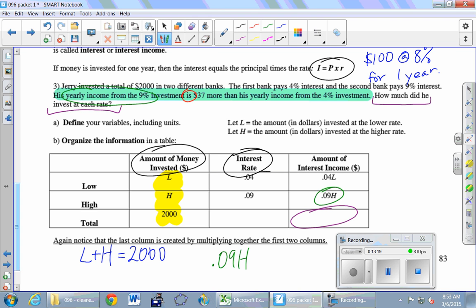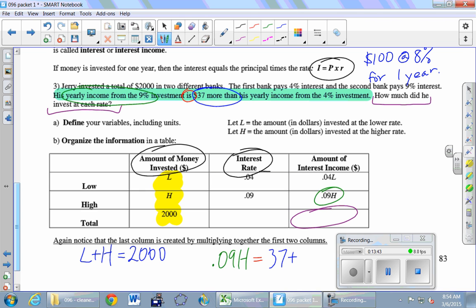Is a certain symbol in mathematics, equals. $37 more than, 37 plus. So we're just translating phrase for phrase. That sentence is going to become an equation.